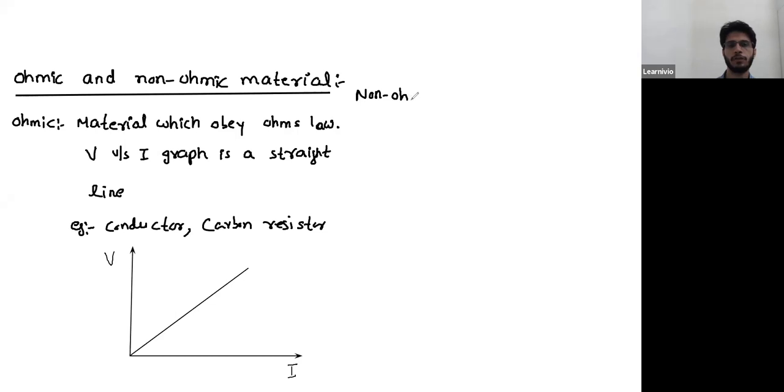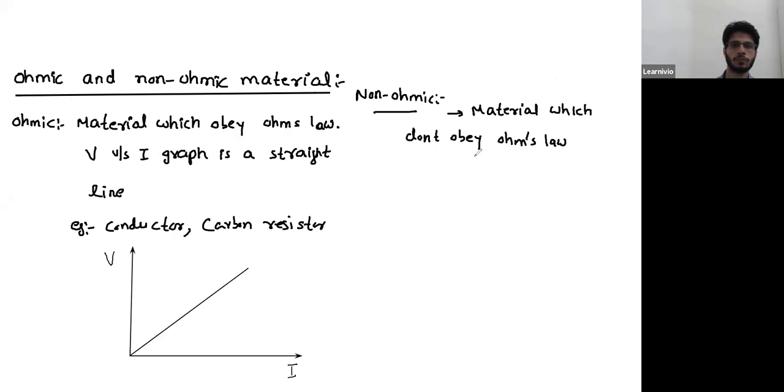Non-ohmic materials are materials which don't obey Ohm's law. Their V versus I graph is not a straight line.